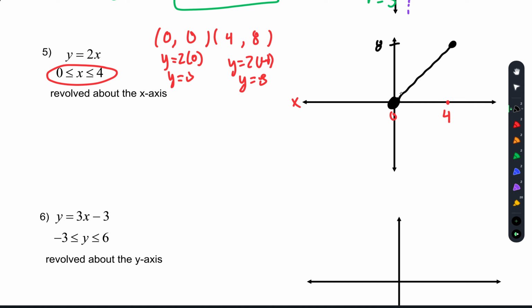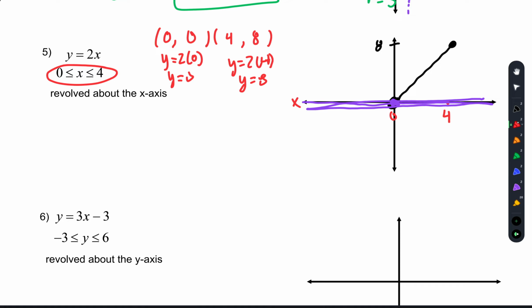Everybody got my line on here? Now, how am I going to rotate this? I'm going to rotate this around the x-axis, the purple line here. That point 0, 0 is already sitting on top of that line, so it's not going to move. Everything else is going to rotate around it.